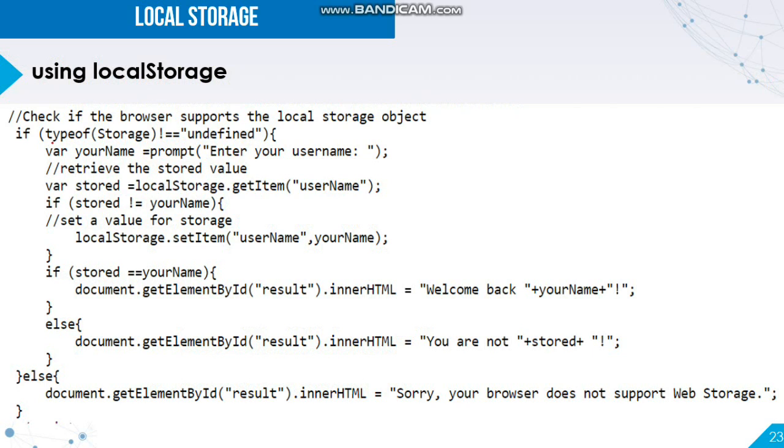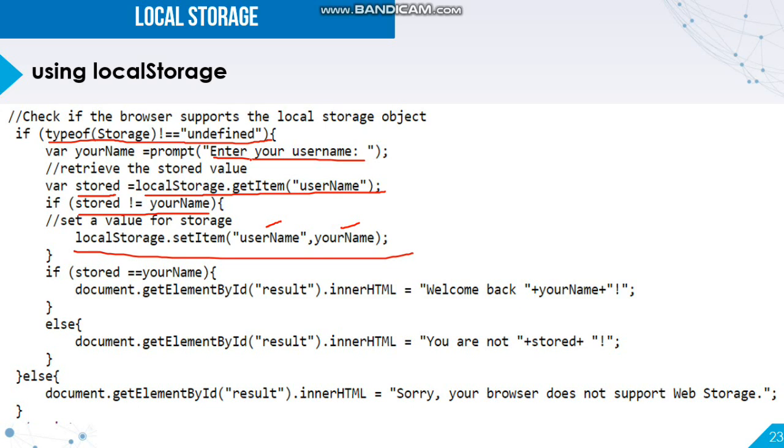Say, for example, the type of local storage is not undefined. You need to enter the username. And then once that is entered, we're going to store it in local storage using the username that you have used. If it's not yet stored in the local storage, we're going to set the item as username with your name.